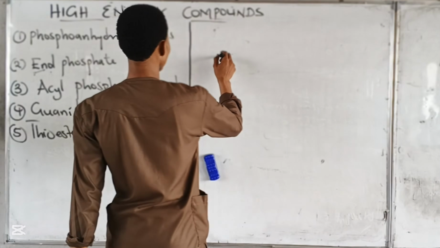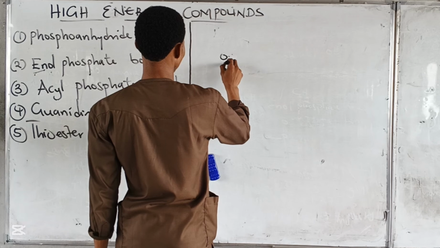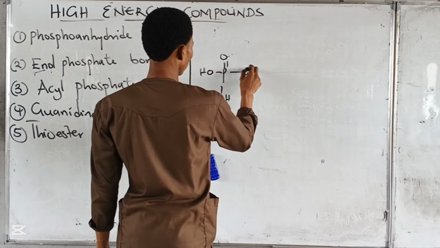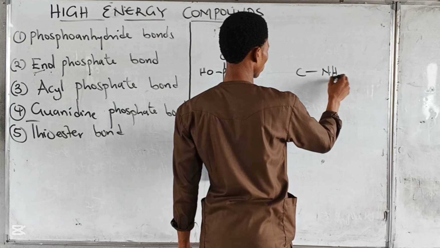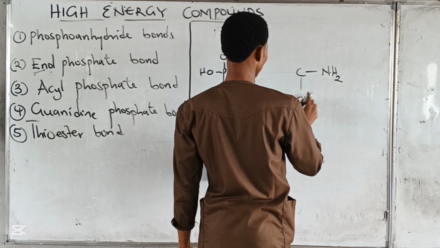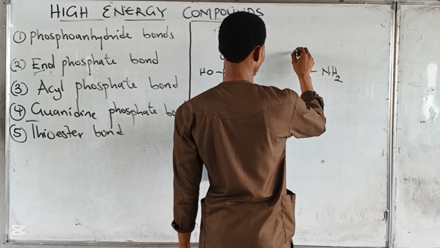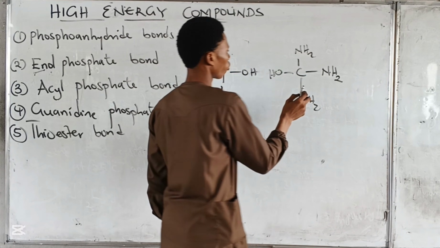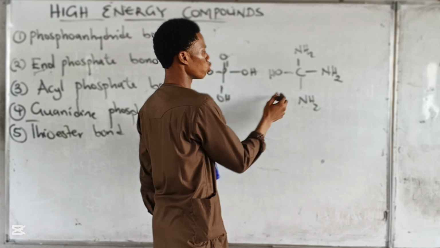So if we have a phosphate group here, and we have a guanidine molecule, let's take it as this. This carbon is having 3 amino groups.